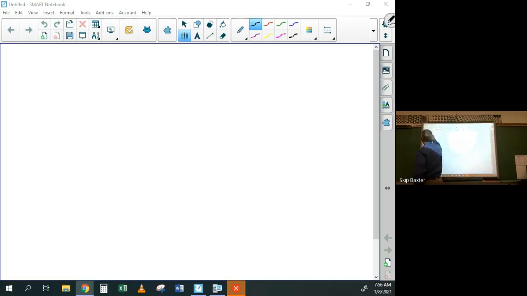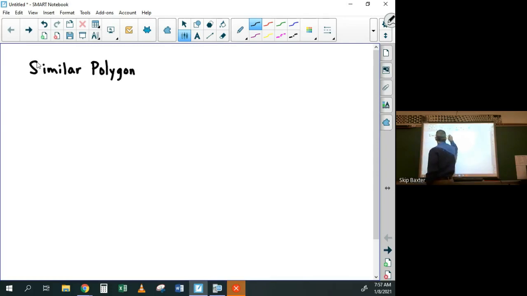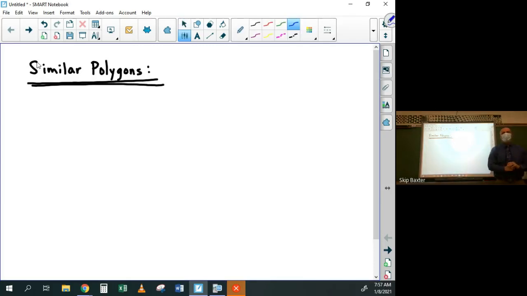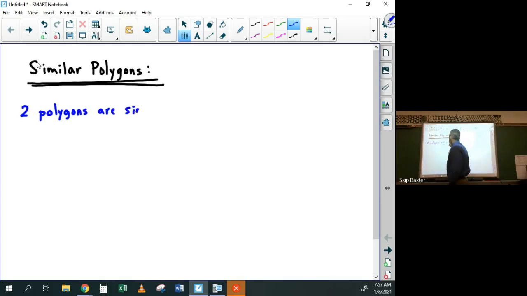start talking about similar polygons. Similar polygons. Okay, so two polygons are similar if they have the same shape but different sizes.